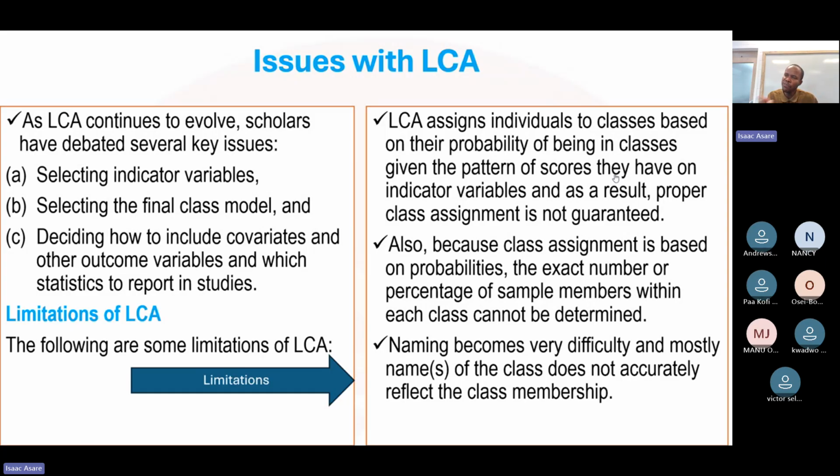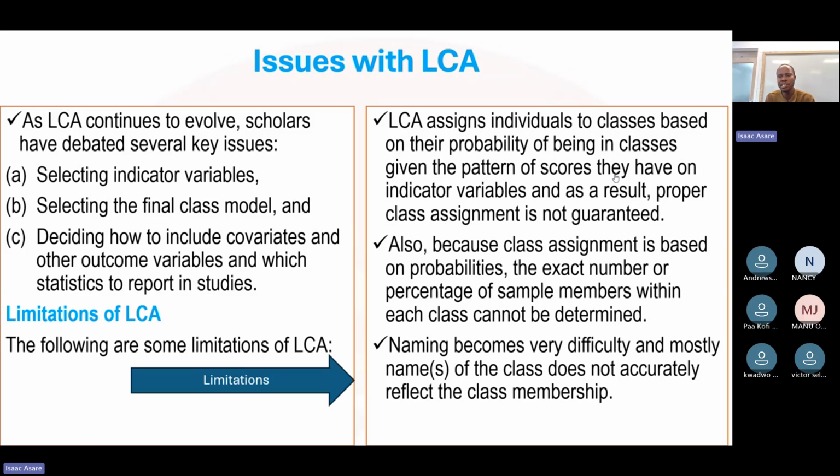Or if it is your first time including them, then you need a justification as to why you are including such variables in the study. It is very, very important. Sometimes we fail to do this, submit the paper for publication, and at the end of the day we get rejection over and over again. So these are some of the things we need to know.